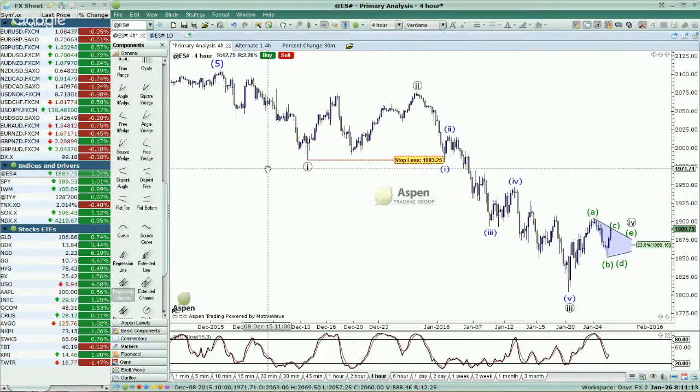Okay, so let's use that same logic. The S&P 500, obviously, is very widely followed, a very broad-based asset class that is relevant to traders worldwide. If you think about it, the S&P 500 is a good gauge of risk on and risk off.